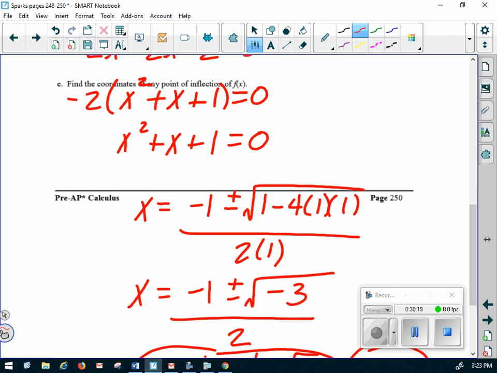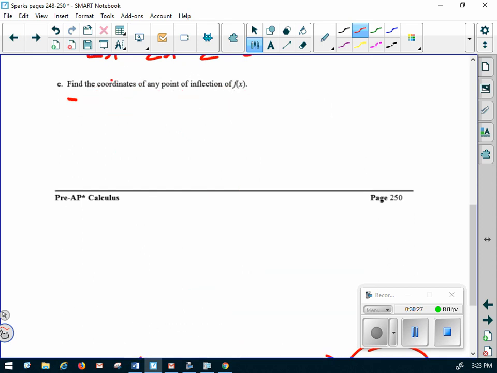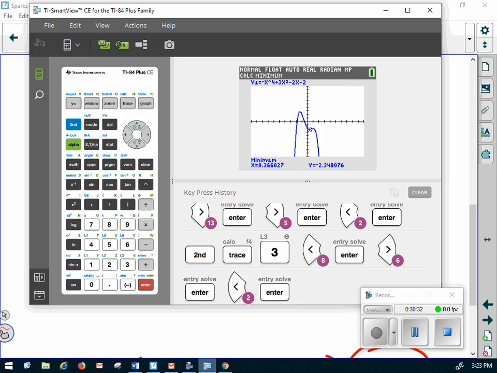Okay, find the coordinates of any points of inflection. Well, I guess that means we got to go graph it. So let's go graph it.